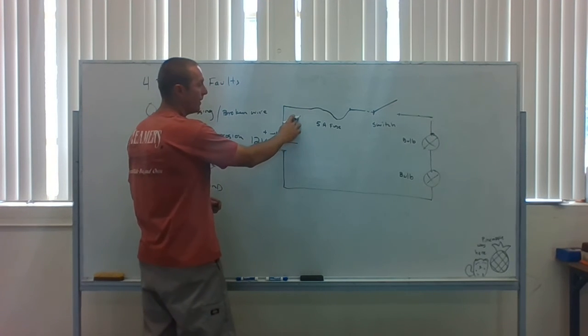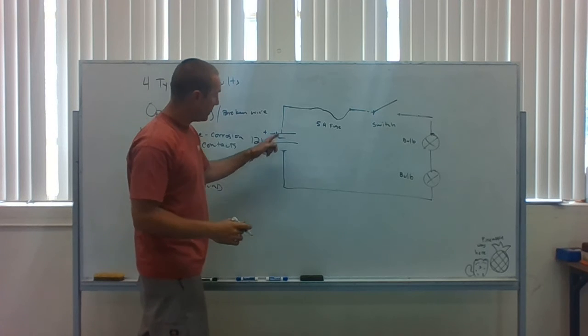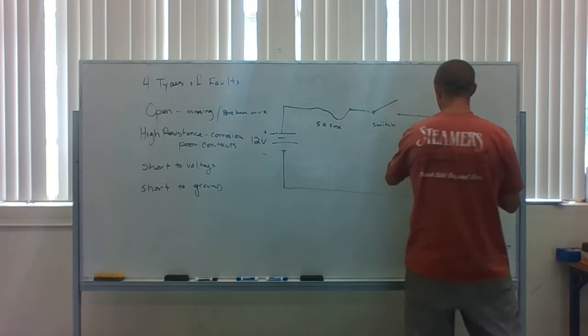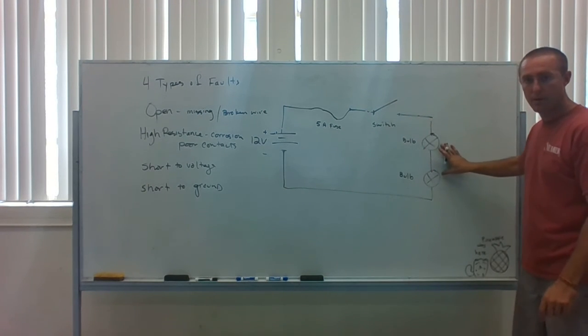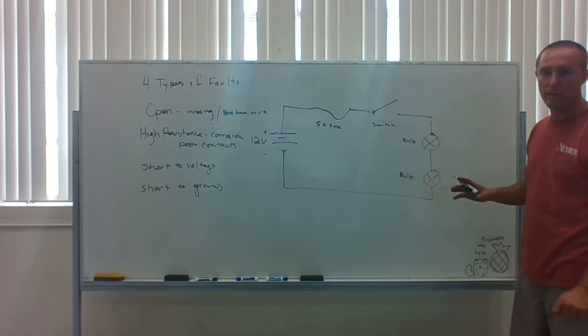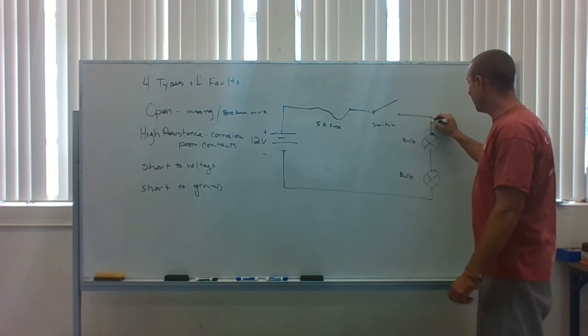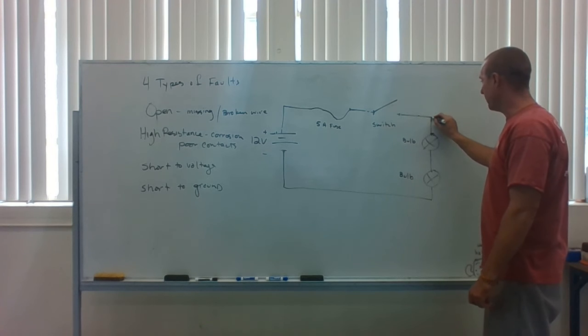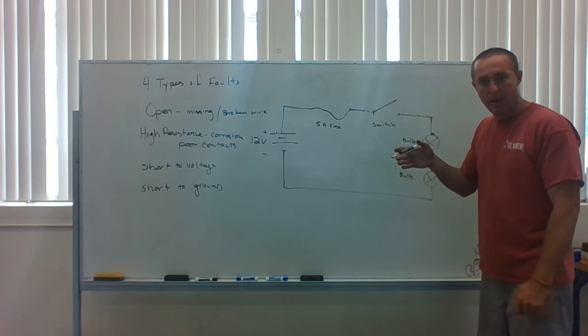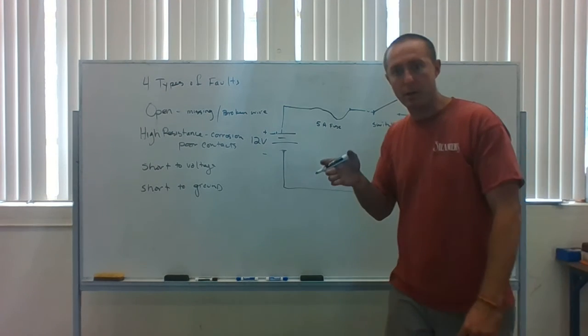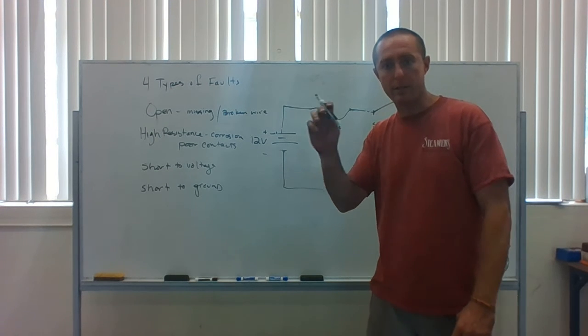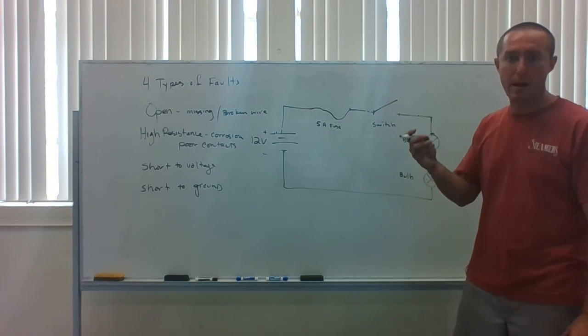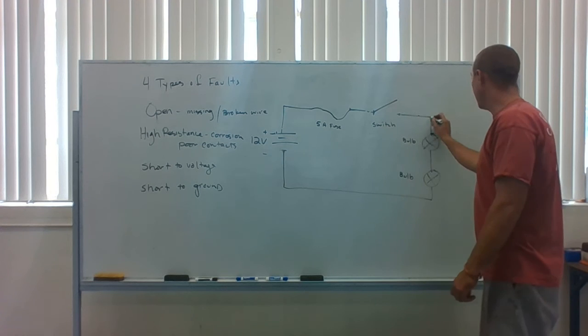If this circuit got to ground before it went to this load, this is a more common one that happens. So this wire was rubbing up against the frame, and just because of vibration, the frame rubbed off the plastic or insulation coating on that wire, and the bare wire touched the frame right here.